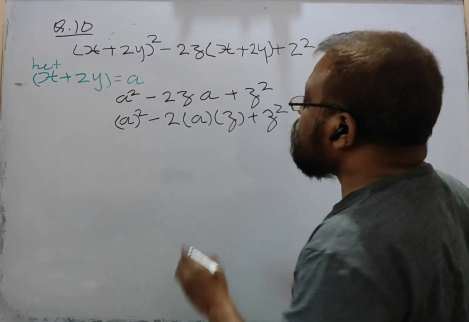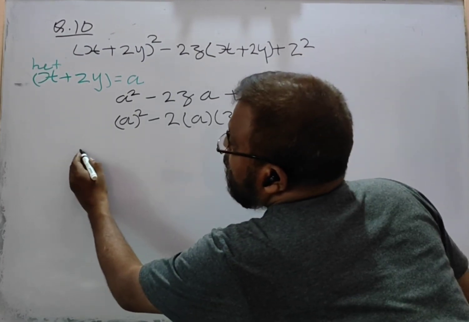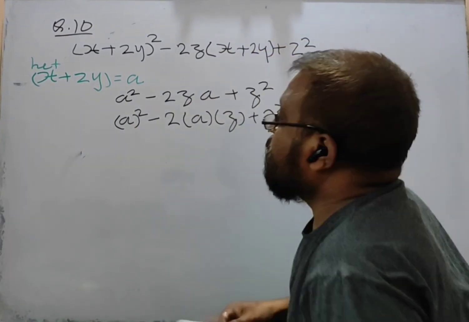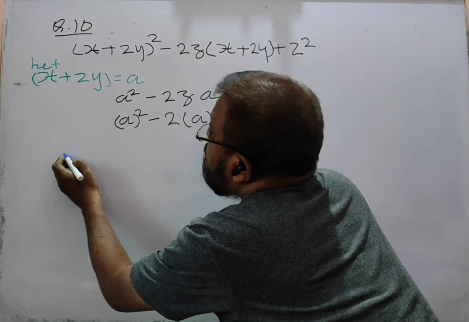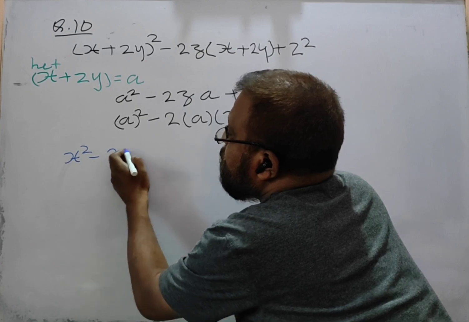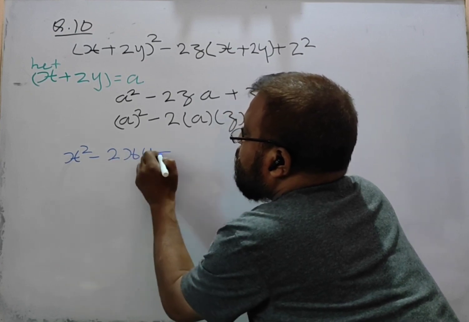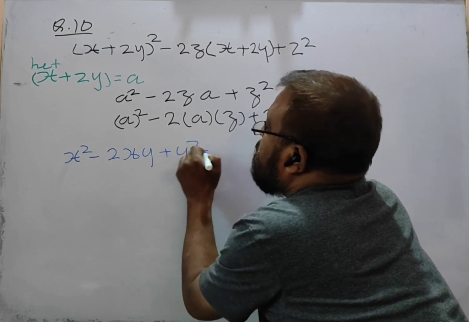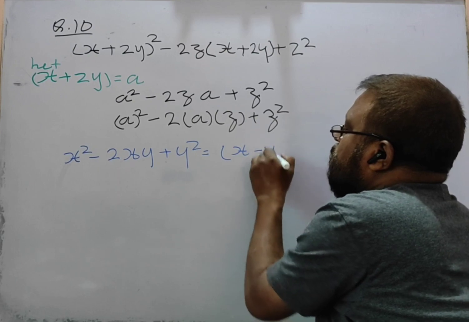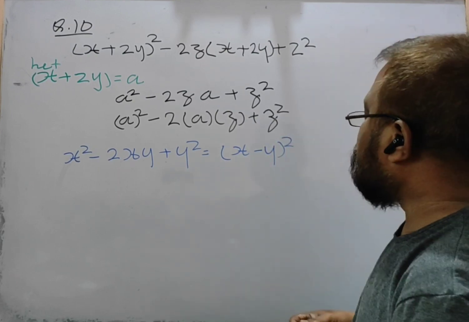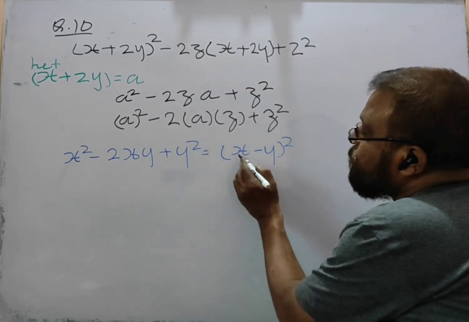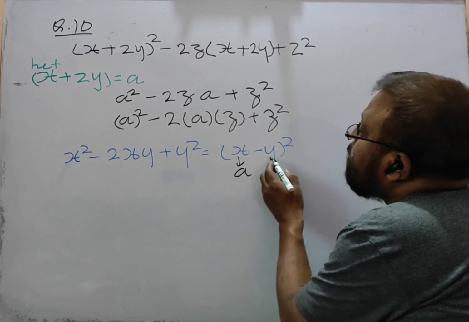So again we use the identity x square minus 2xy plus y square is equal to (x minus y) whole square. Right? So now here x belongs to a and y belongs to z.